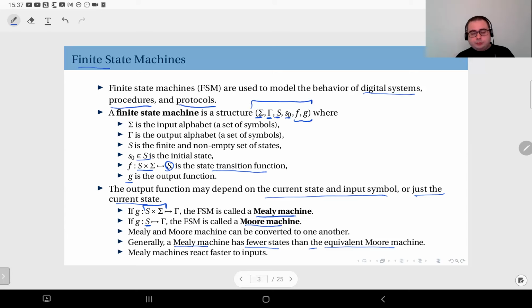Or sometimes it could be easier to design the Moore machine if you lay out each state separately. A Mealy machine also reacts faster to input, so this might be significant when designing time-sensitive systems.